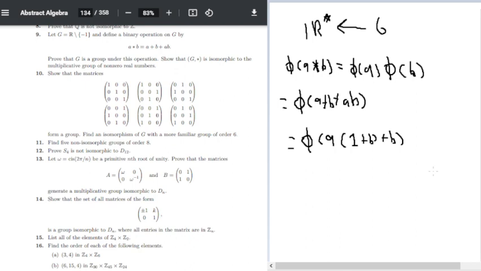So 0 is again the identity element? Yeah, 0 is the identity element. So in this way we have 0 is sent to 1.